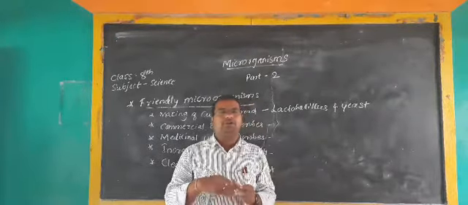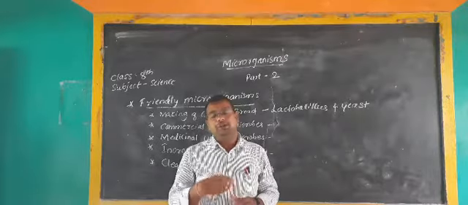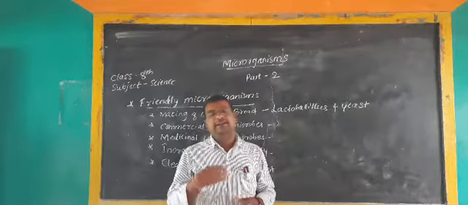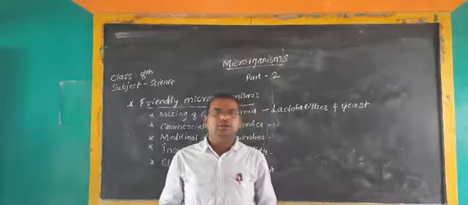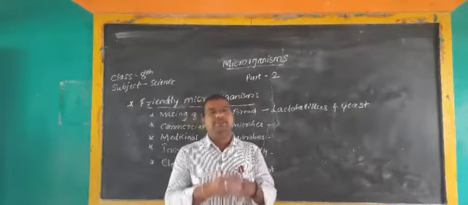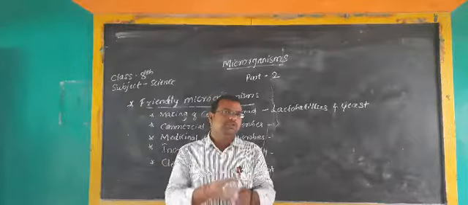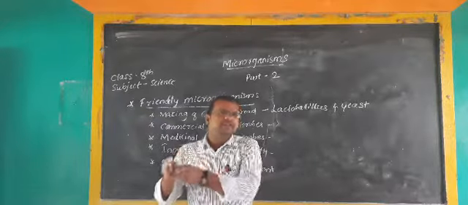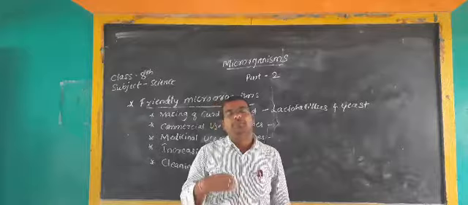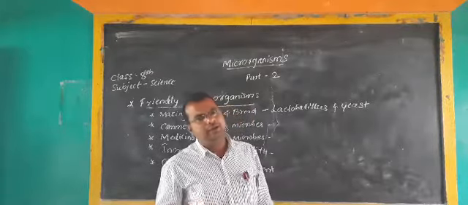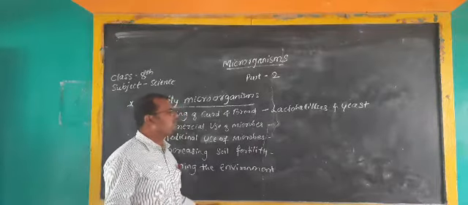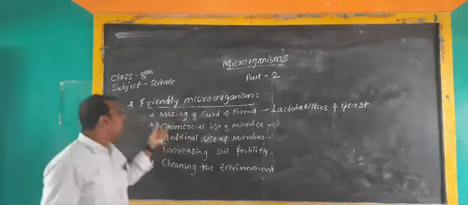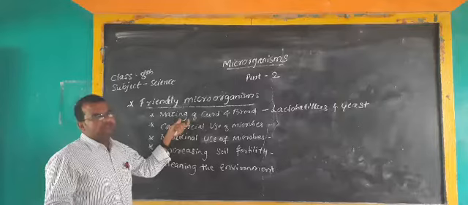There they undergo some kind of chemical reaction, some respiration, and release carbon dioxide. That carbon dioxide makes bubbles in the dough of idli and increases the size of the dough. So here the yeast is responsible for preparing bread and the dough of idli. These are two important microbes which are helpful for human beings.